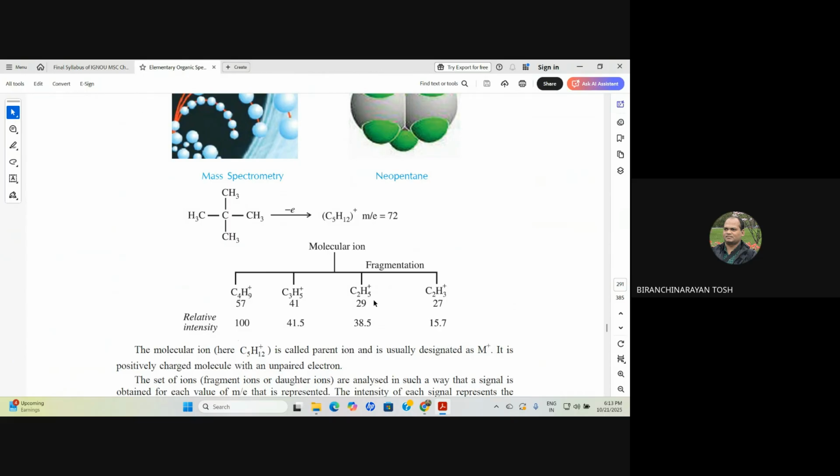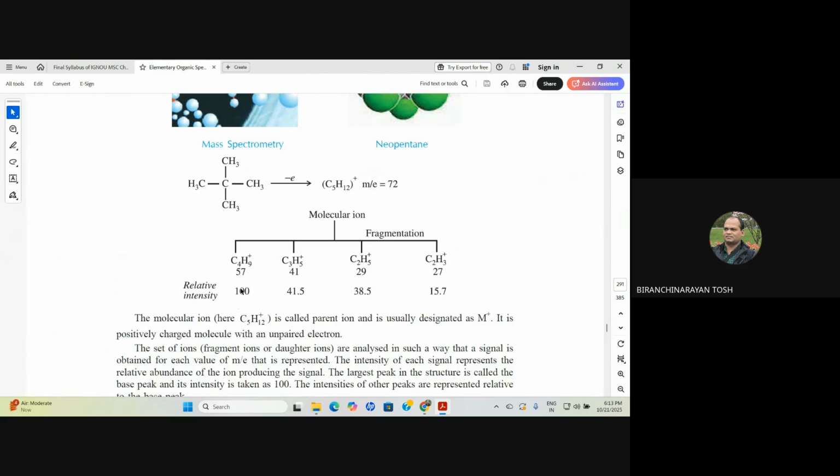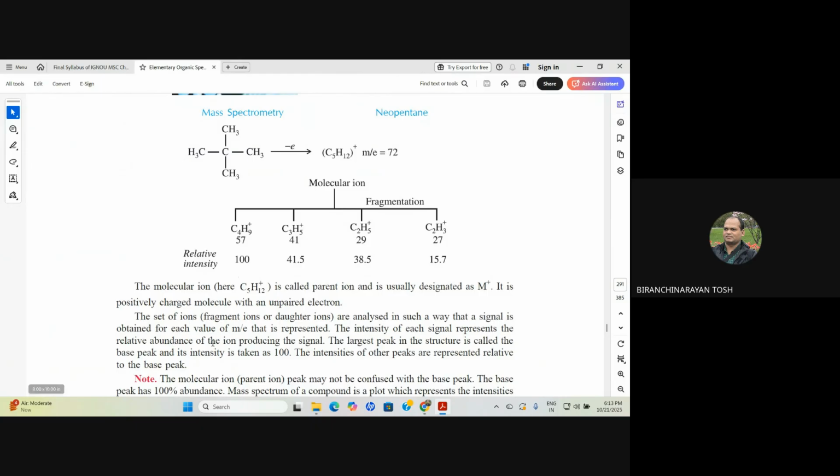And so the fragment ions or daughter ions are analyzed in such a way that a signal is obtained for each value of m by e, and which will have the maximum intensity that will designate it as the base peak. Okay, so the intensity of each signal is represented in the relative abundance of the ion.